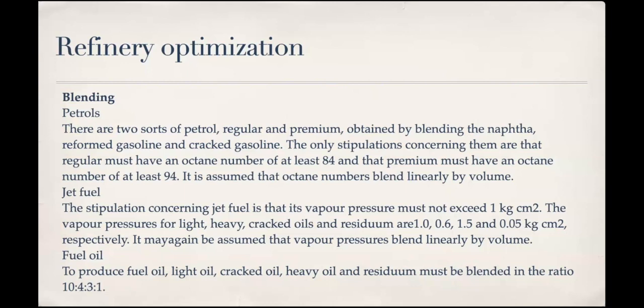What does it mean? You need 10 barrels to 4 barrels, 3 barrels to 1 barrel, of light oil, crack oil, heavy oil, and residue. The blending must follow this ratio.